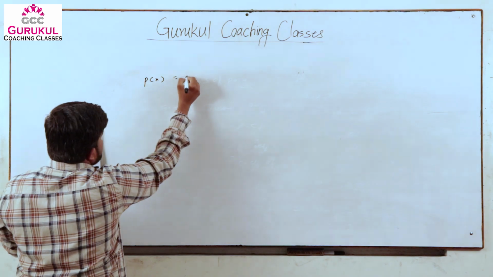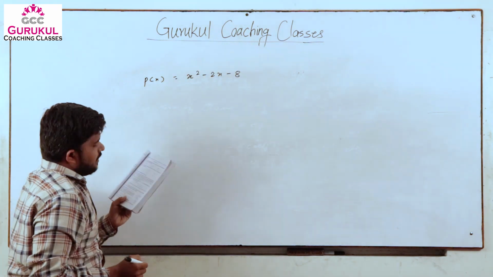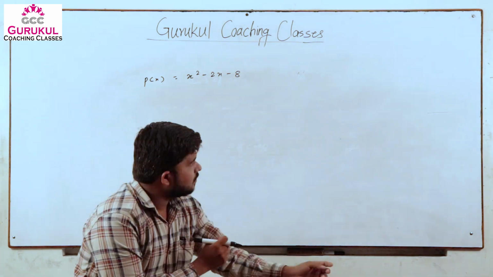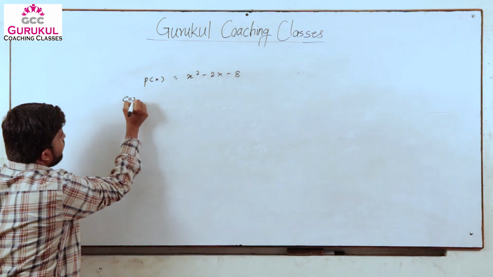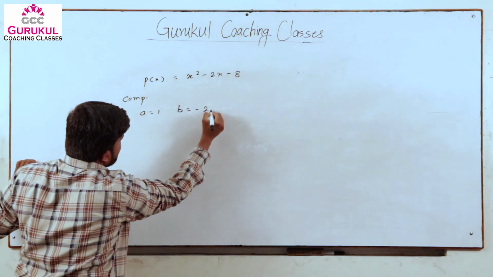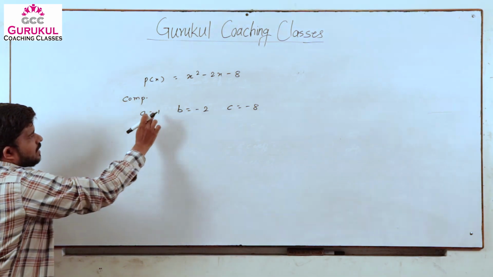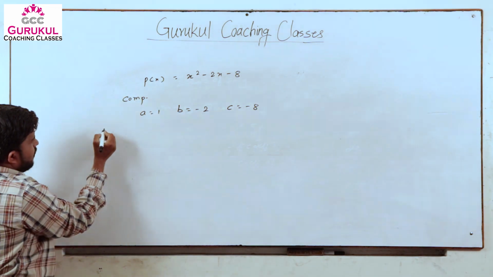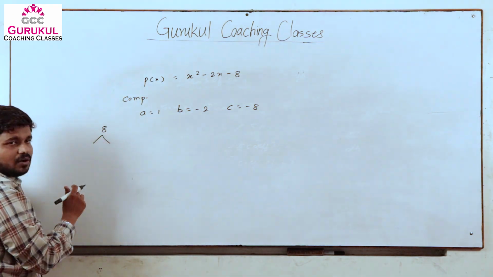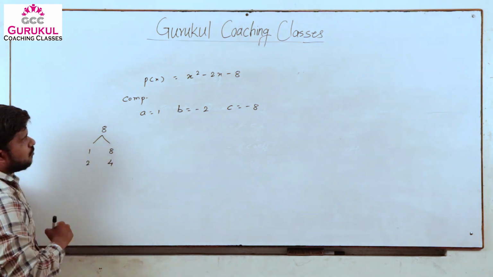P of x is equal to x square minus 2x minus 8. Compare: a equal to 1, b equal to minus 2, c equal to minus 8. A into c is 8. Write all possible factors of 8: 1 and 8, 2 and 4.